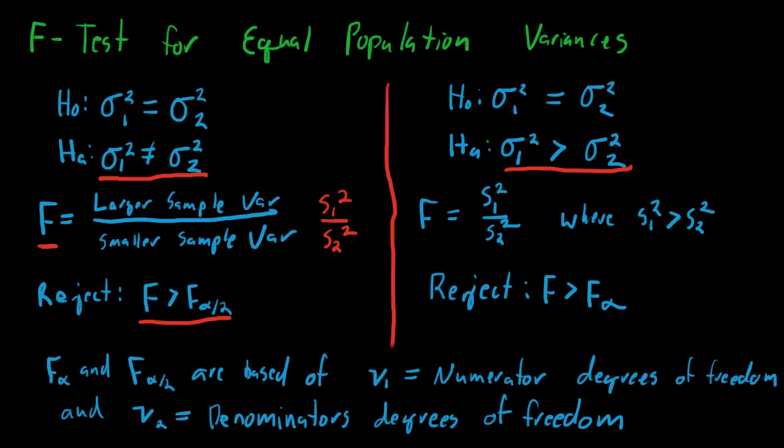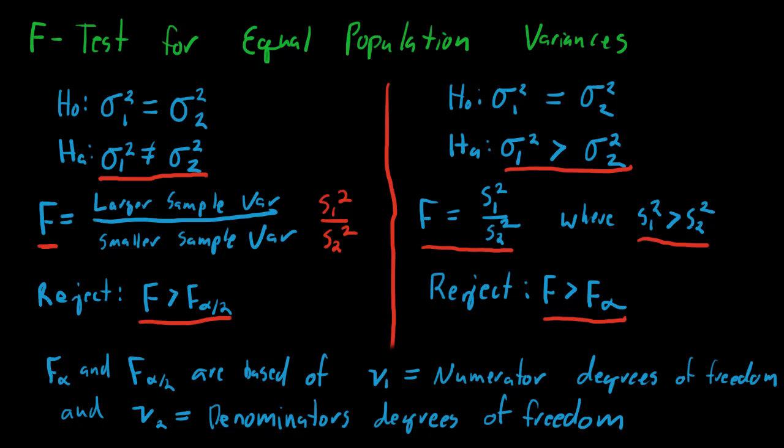So again, our test statistic is going to be F is equal to S1 squared divided by S2 squared, and this is making the assumption that S1 squared is greater than S2 squared. If S2 is greater than S1, we can flip those around. And we have the same basic rejection region: F is greater than F of alpha, this time instead of F of alpha over 2.